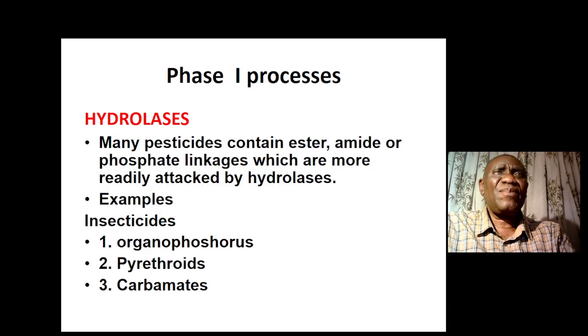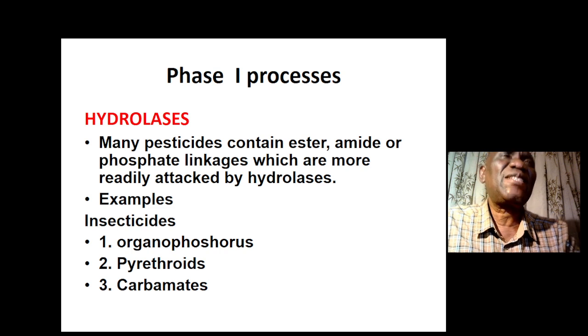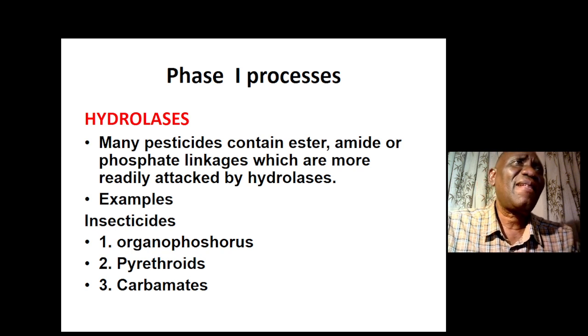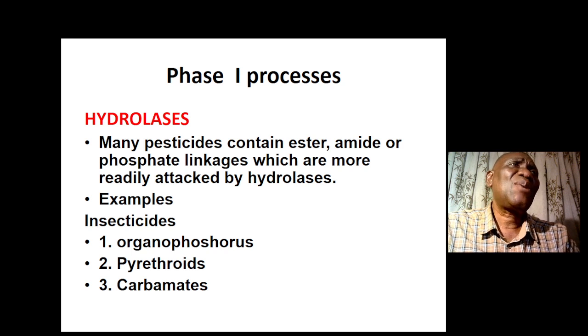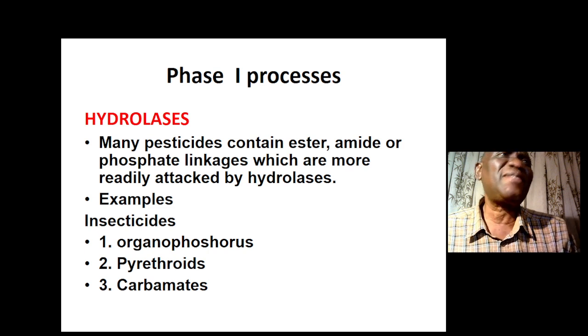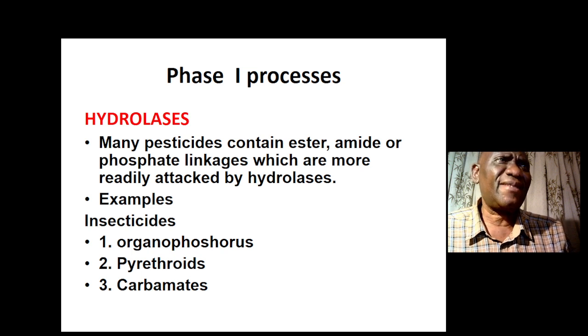So let us move on to phase 1 processes. When we discussed this under weed science or herbicide physiology, we could have not mentioned some of these, but we are now looking at the whole spectrum of pesticides. So let us look at hydrolysis.